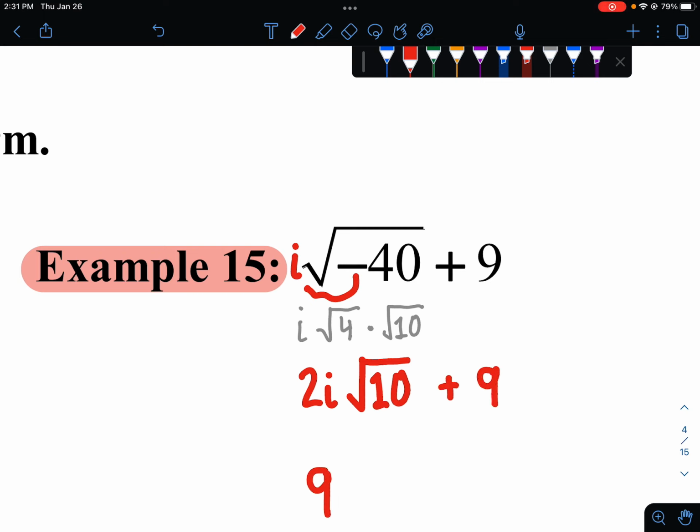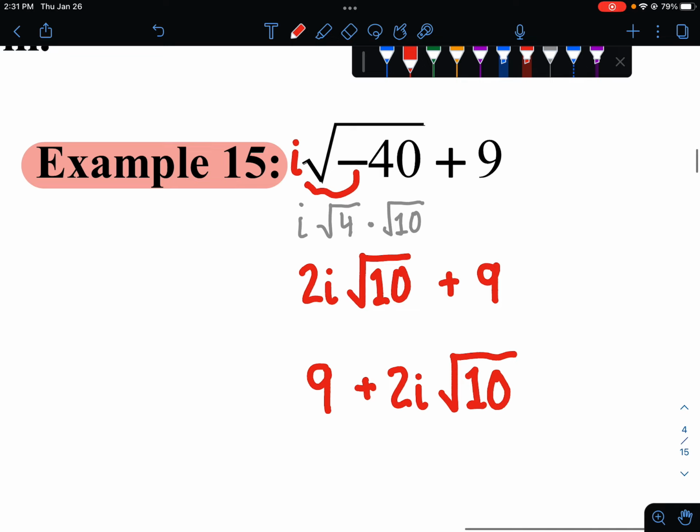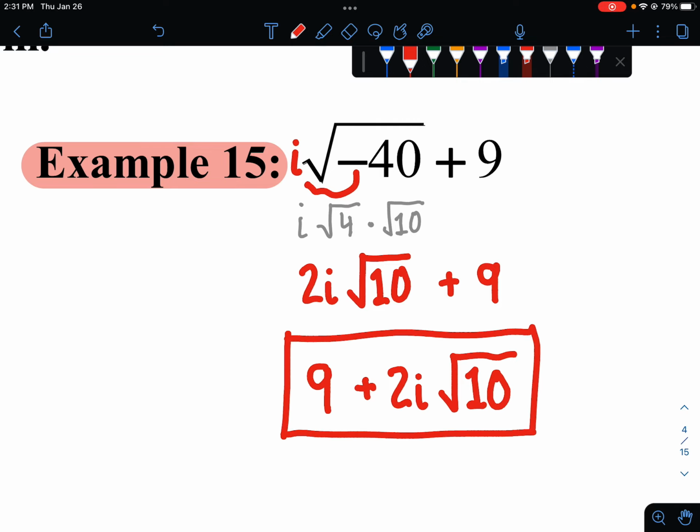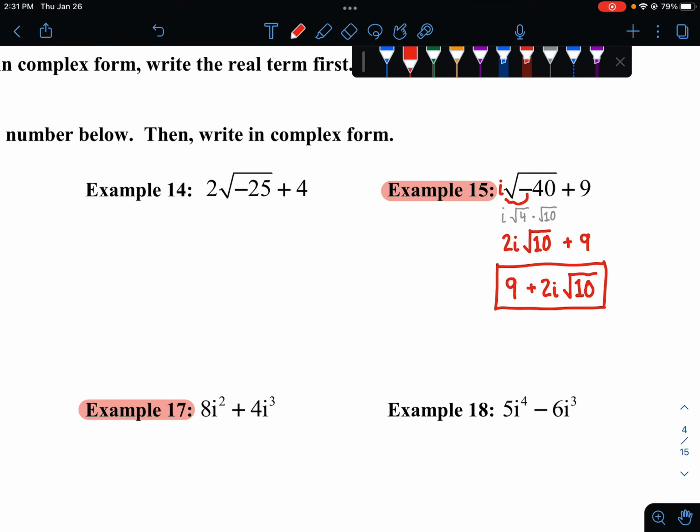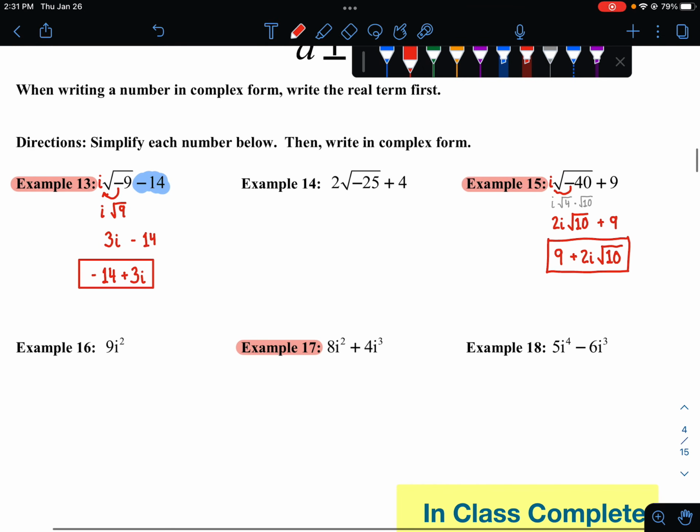All the values are good, but we don't have this written in order, so I want to make sure I'm writing this in complex form with the real first and the complex second. So for those problems that have roots, all you're doing is getting the i out and simplifying. You're going to try 14 on your own, and then example number 17 is going to help us do those other ones.